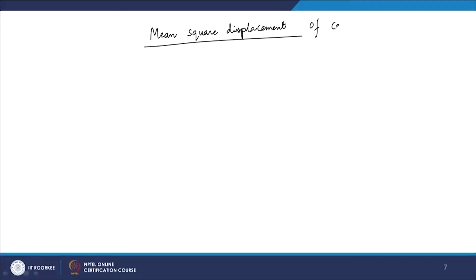If I want to define the mean square displacement of the center of mass, it already captures the net diffusion of the polymer chain.